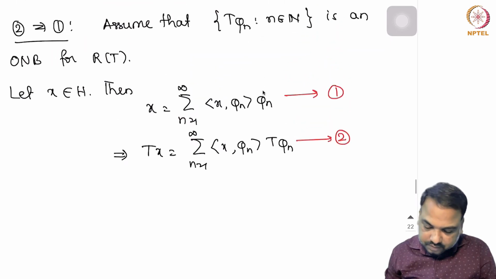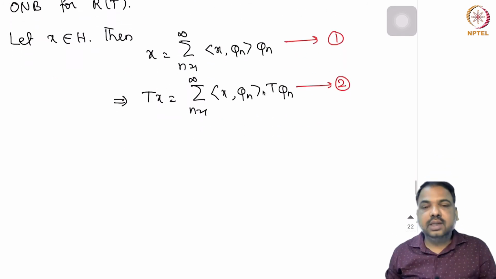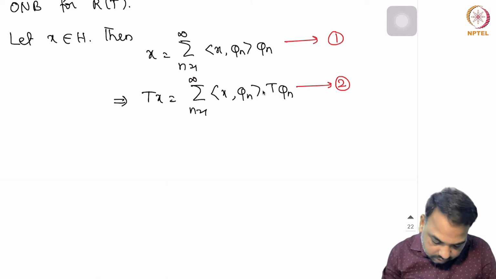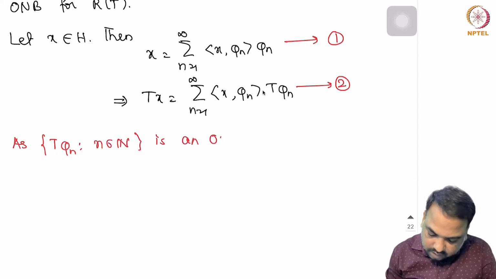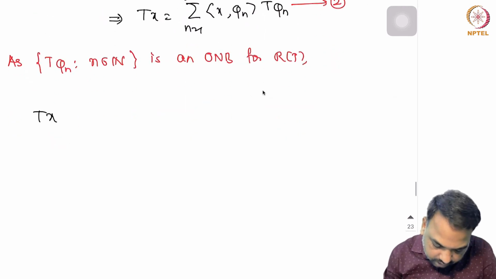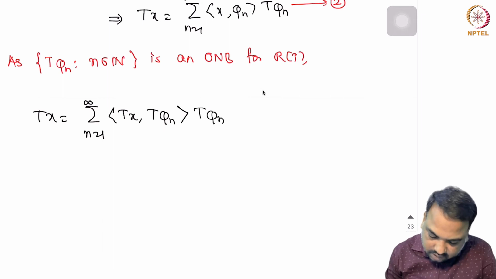Now we know that Tφn is an orthonormal basis for range of T, and Tx is an element of range of T. So as Tφn is an ONB, we can say that Tx can be written as summation n equal to 1 to infinity inner product Tx, Tφn multiplied by Tφn.